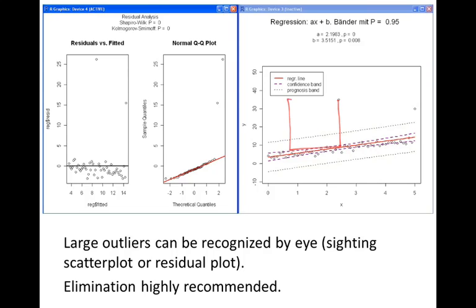So such an outlier will have a very, very strong influence on the regression line, and that's why it's important to take it out of the picture. Now you see such outliers also in the residual plots or in the QQ plot. Maybe they are already sufficient to destroy the normality assumptions. So please eliminate.